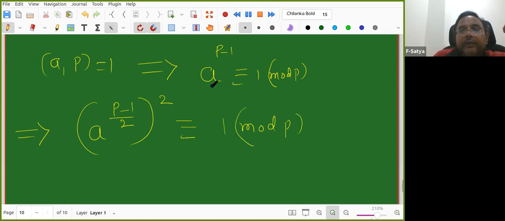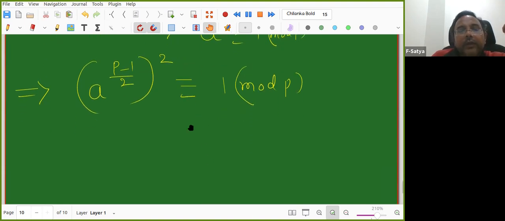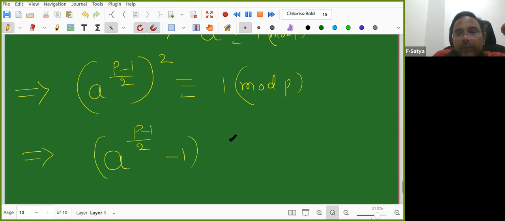No problems, right? This implies (a power (p minus 1)/2 minus 1) times (a power (p minus 1)/2 plus 1) is congruent to 0 mod p, or p divides this.